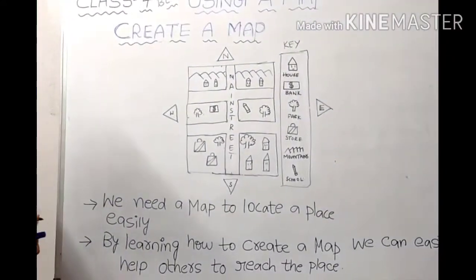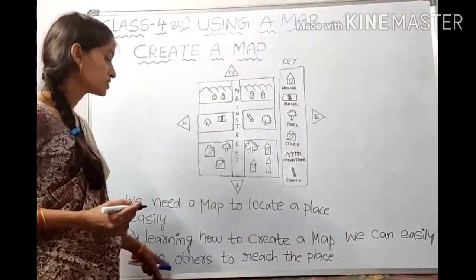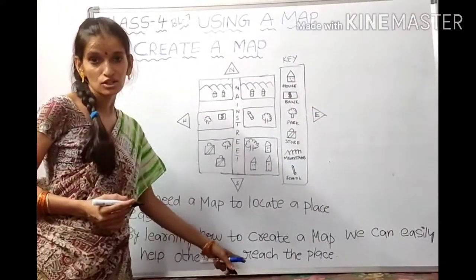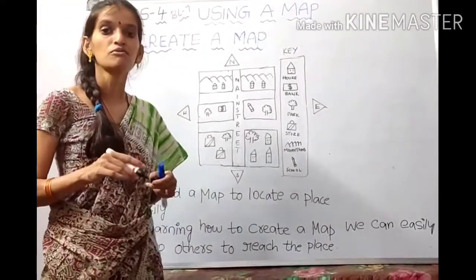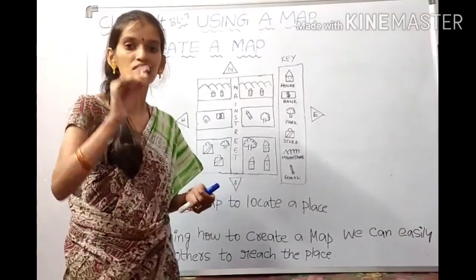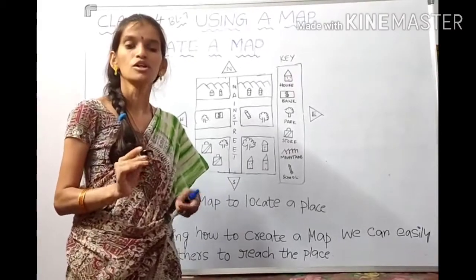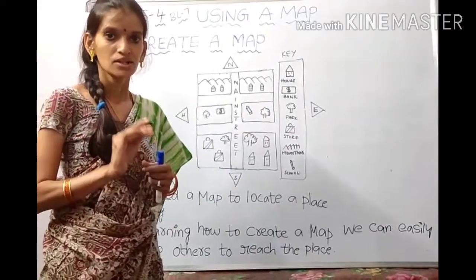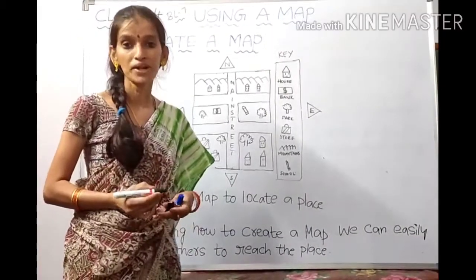So by learning how to create a map, we can easily help others to reach the place. If someone asks you to show so and so place, then if you learn the map, you can easily help others to reach the place.